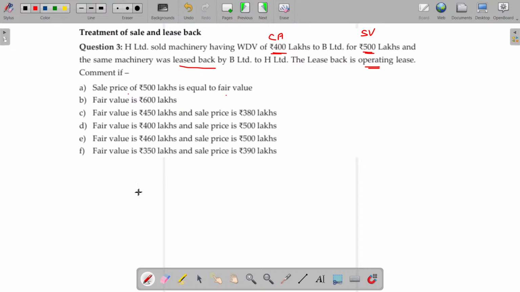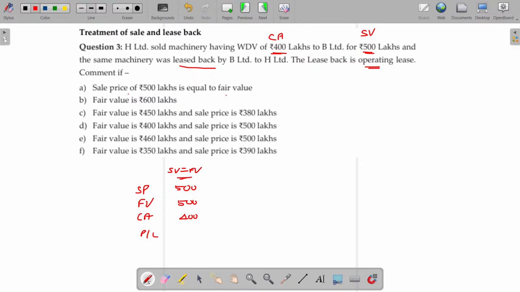What do we have? Sale price, fair value, carrying amount. Sale value 500 and fair value also 500, carrying amount being 400. As sale value is equal to fair value, it is genuine.